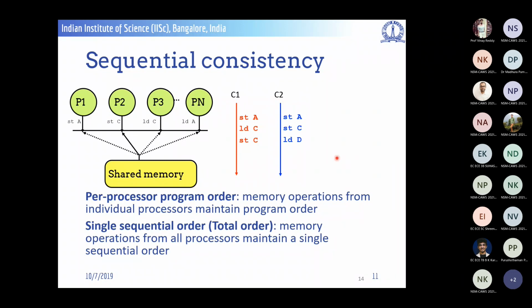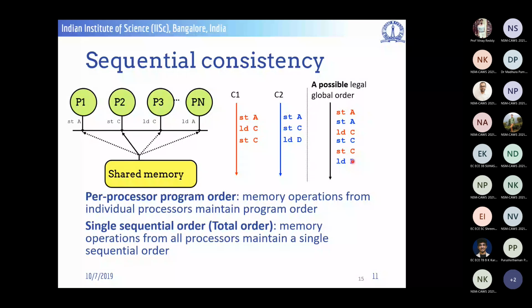Now, sequential consistency doesn't mean that there will be only one specific order of load stores. There can be multiple sequentially consistent orders. For example, one of the global orders could be like this. You executed store A from thread T1 first, then you executed store A from C2, then you executed something from C1, and again executed store C from core C2.